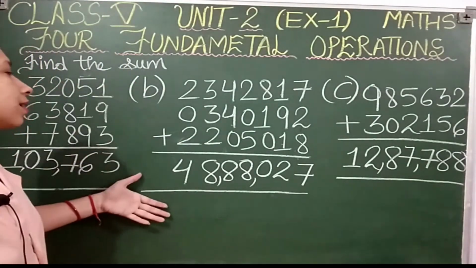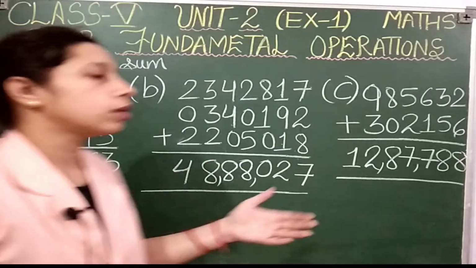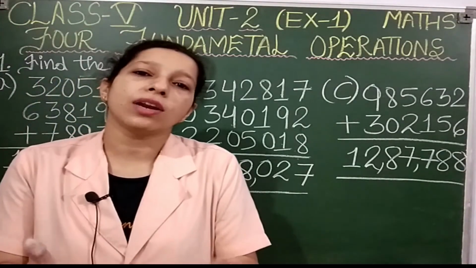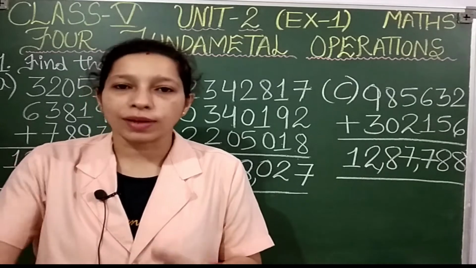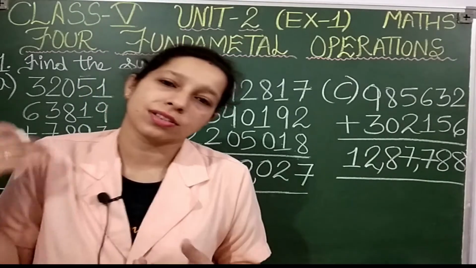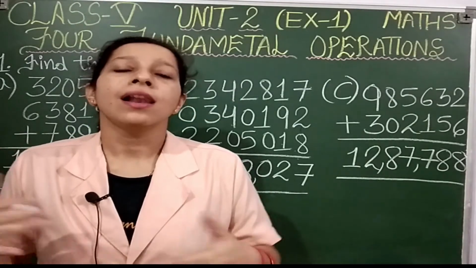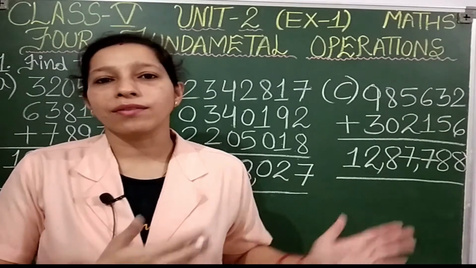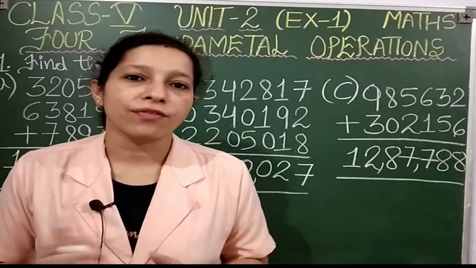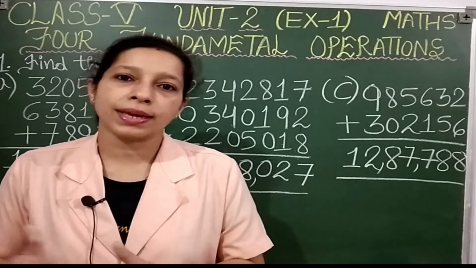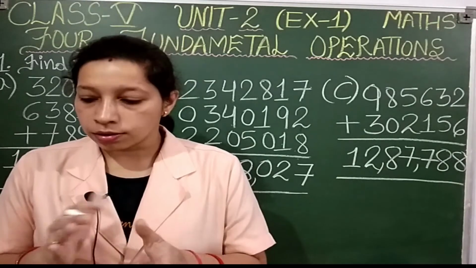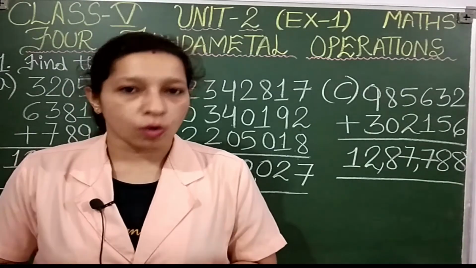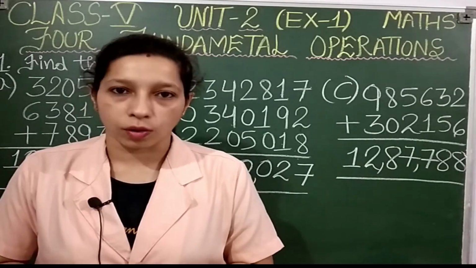You already know how to find the sum, isn't it? That's why this exercise is named "Let's recall." This is just the revision. We have found the sum for the first 3 points, A, B, C. Now D and E will be your homework, students. That is the work you are going to do.